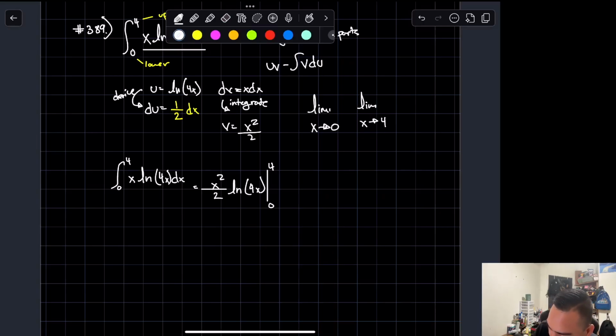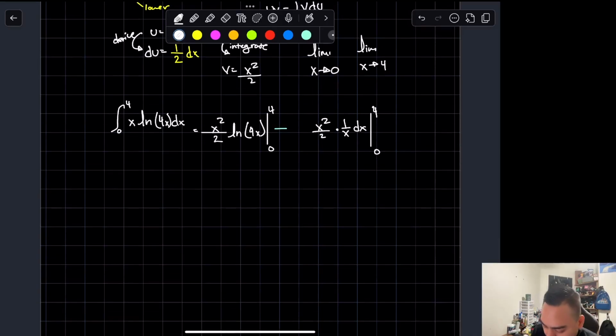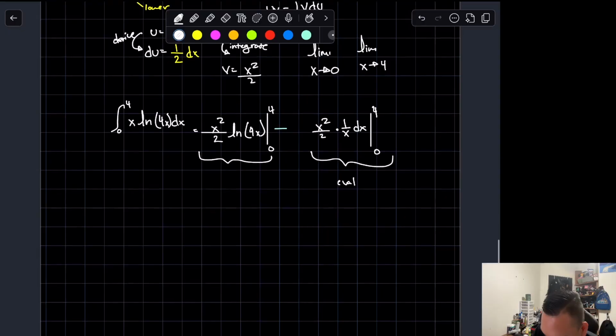minus the integral from 0 to 4 of x squared over 2 times 1 over x dx. We can actually rewrite this with limits 0 and 4. Okay, so we're going to do two different methods. We're going to take this and evaluate, which basically means we're going to solve for x.